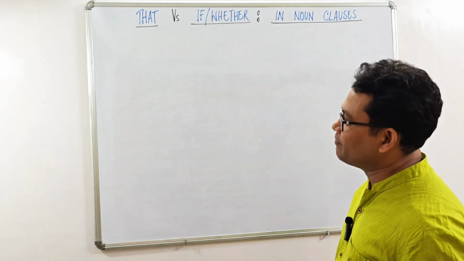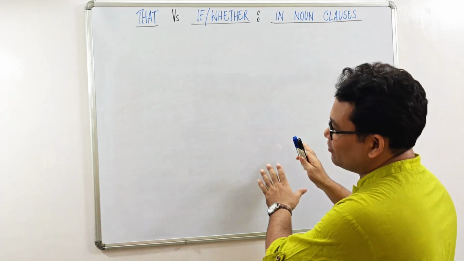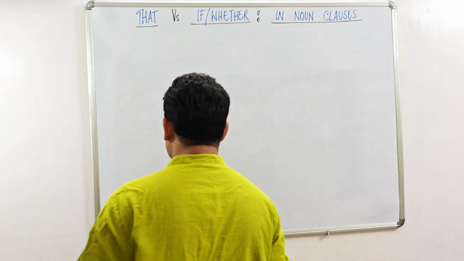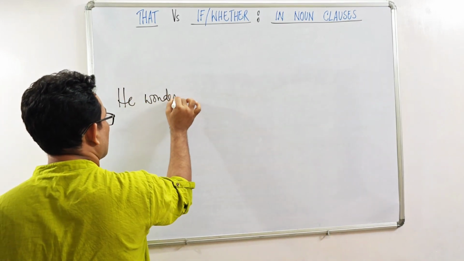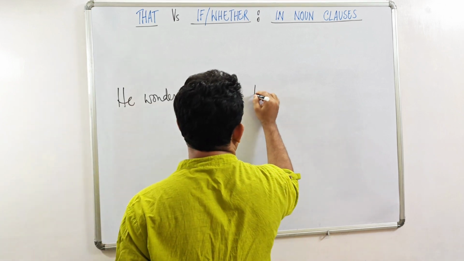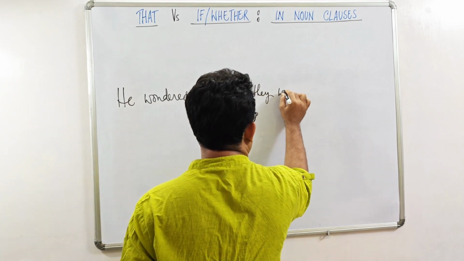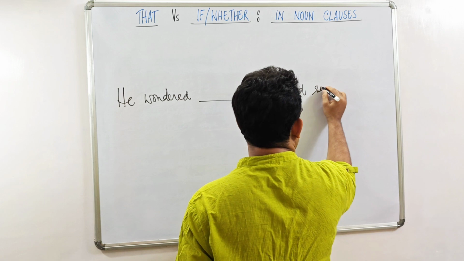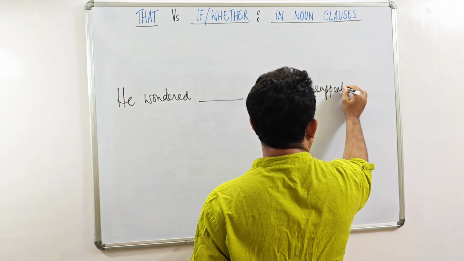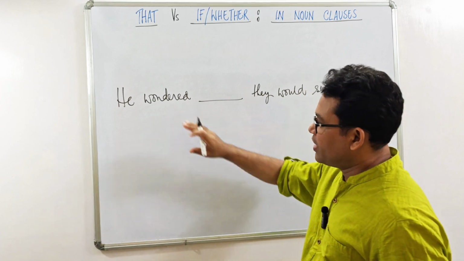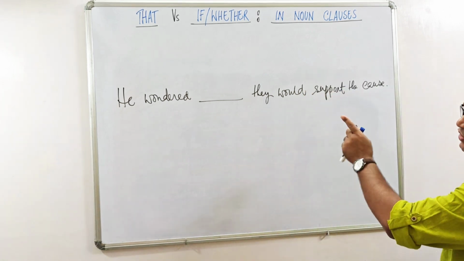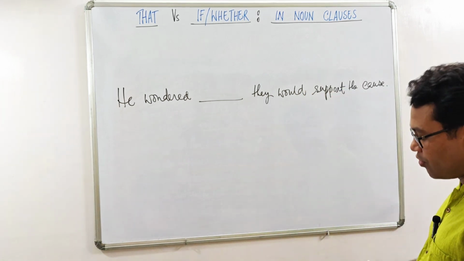So let me show you something at the very beginning before I enter into the central part of the video. So here is the sentence. Look, he wondered dash they would support the cause.